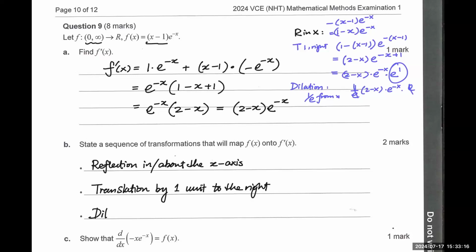And a dilation factor of 1 over e. E to the power minus 1 will also be the equivalent form. 1 over e from the x-axis. Okay, so that is question 9.